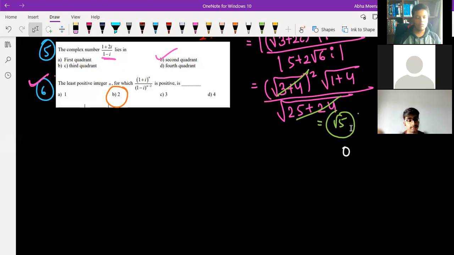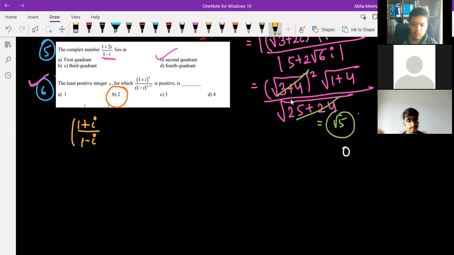Yesterday we had discussed what we need to do whenever we see 1 plus i by 1 minus i. Let us see, will squaring help or not?